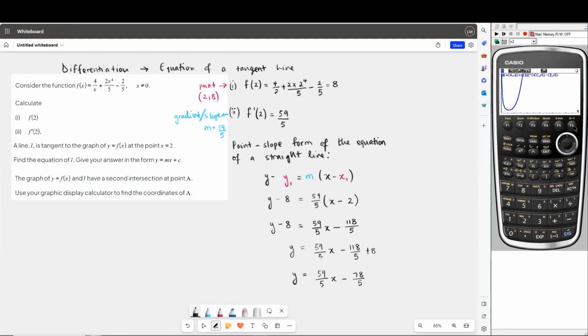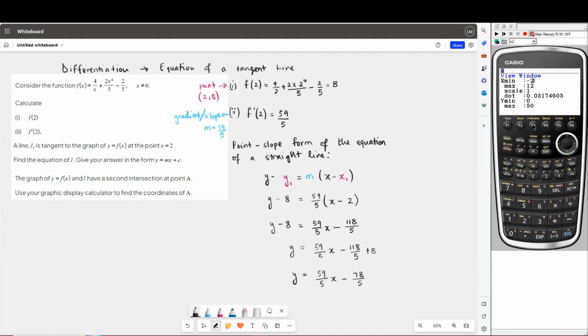So now we can draw those two on the same graph. Do you see that? They touch each other. We can clearly see that. But it says that they intersect at more than one point. There's a second intersection point, but I can't see it here. I can only see the intersection that happened at 2, but I can't see any other intersection point, which means I might need to change the view window.